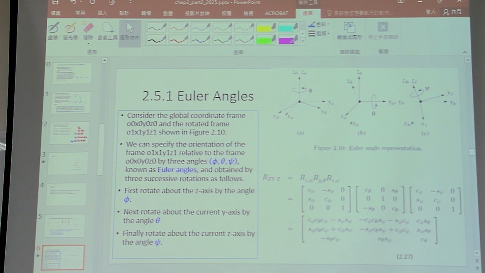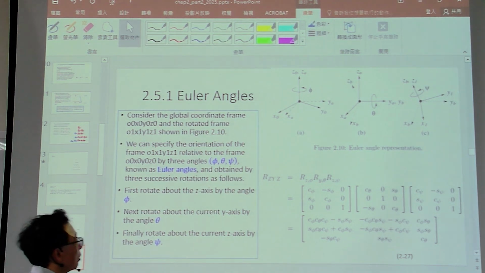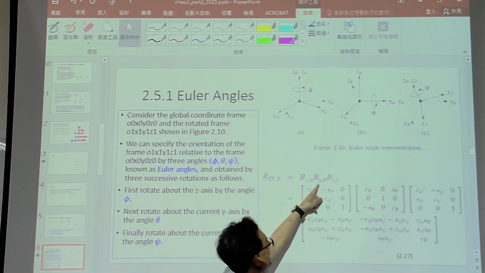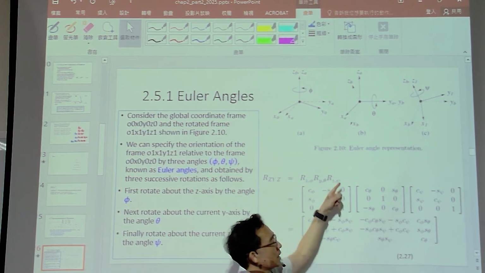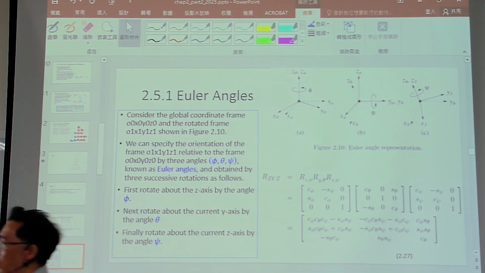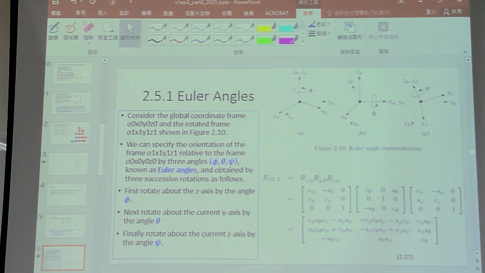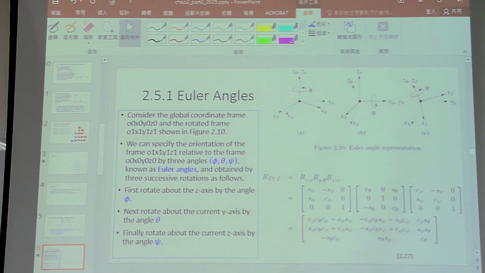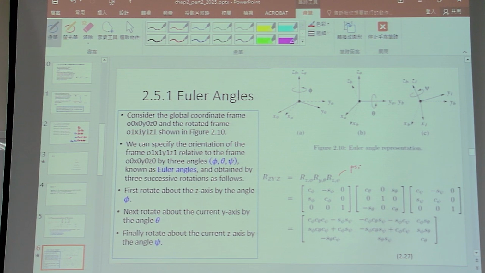You can rotate it with 0, they will be fine, because no rotation is one of the rotation conditions. So rotate about z by phi, rotate about y by theta, and then rotate about z by, I believe it's called psi, something like that. It's Greek letters. I always use this one. Psi.